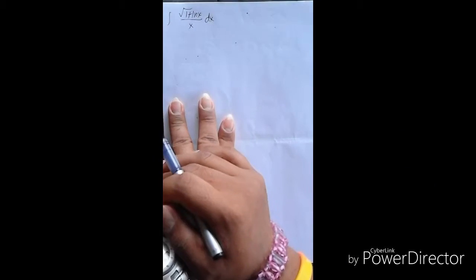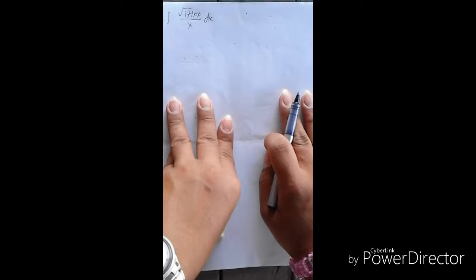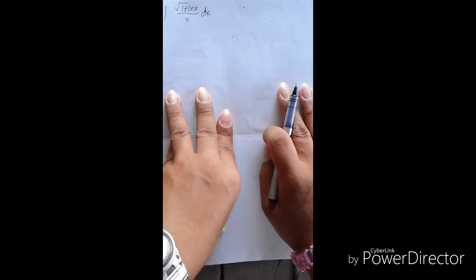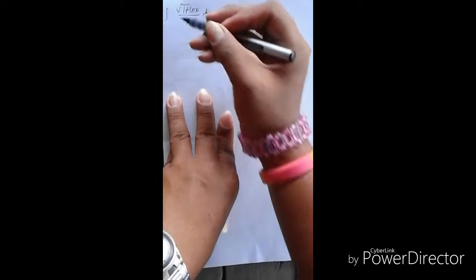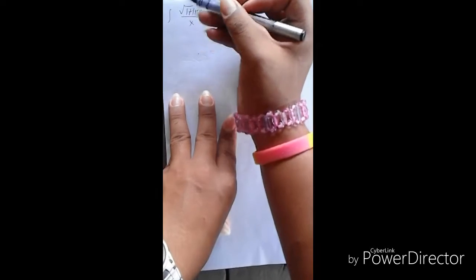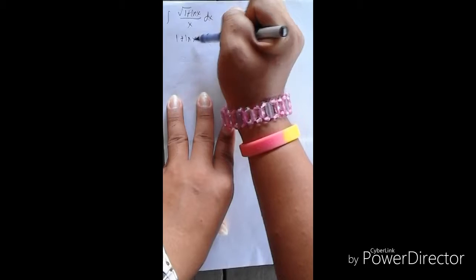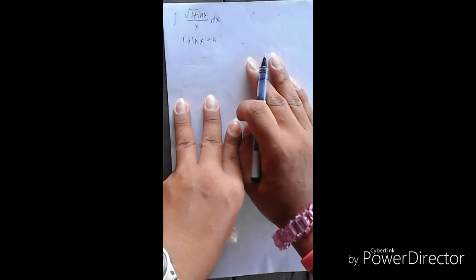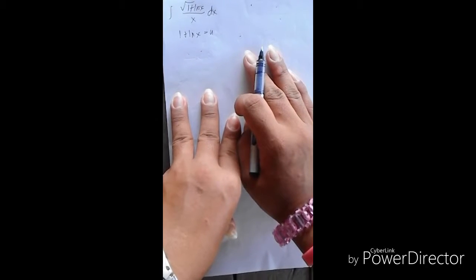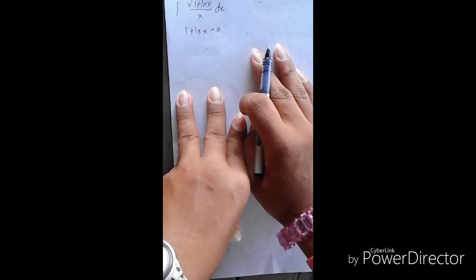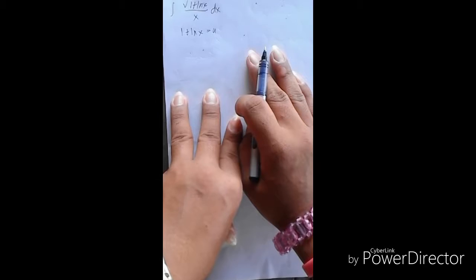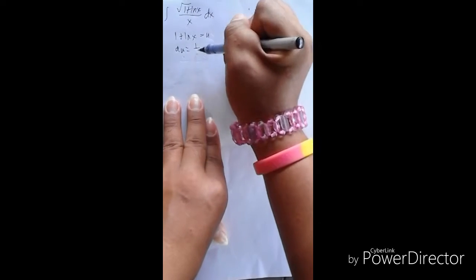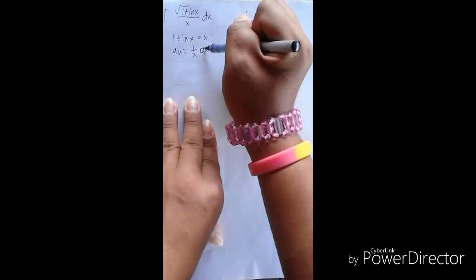First step is choose a new variable u. So we choose 1 plus ln x. We let 1 plus ln x be u. And the second step is to determine the value of dx. Since we let 1 plus ln x be u, du is equal to 1 over x dx.